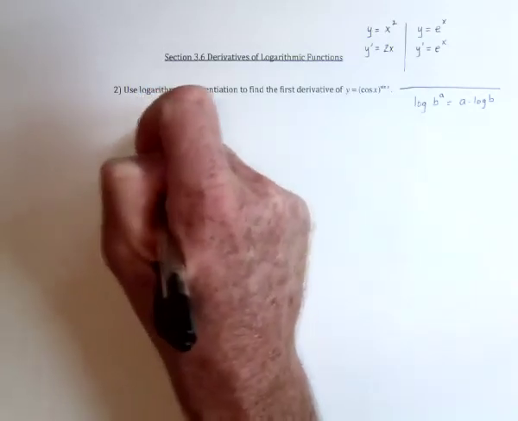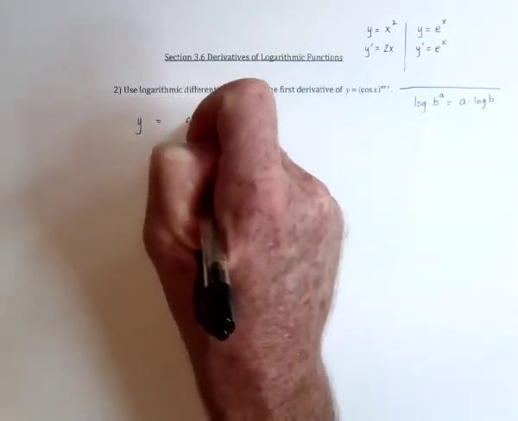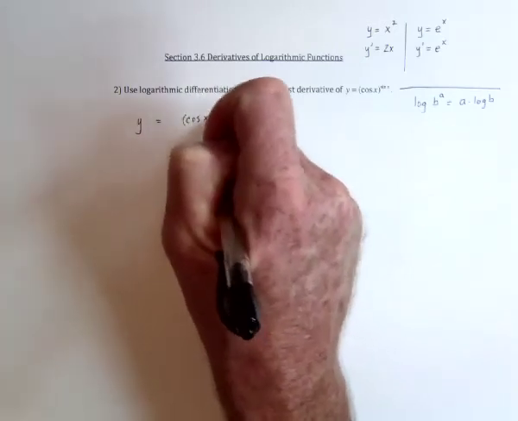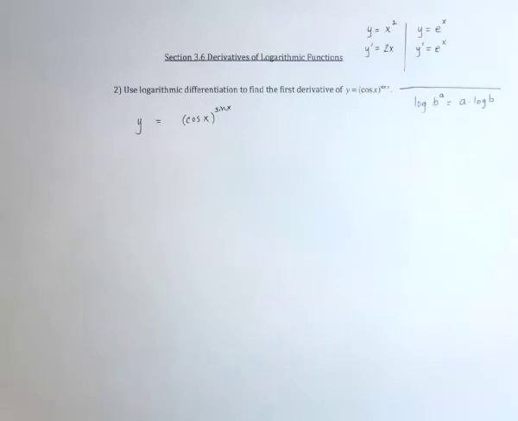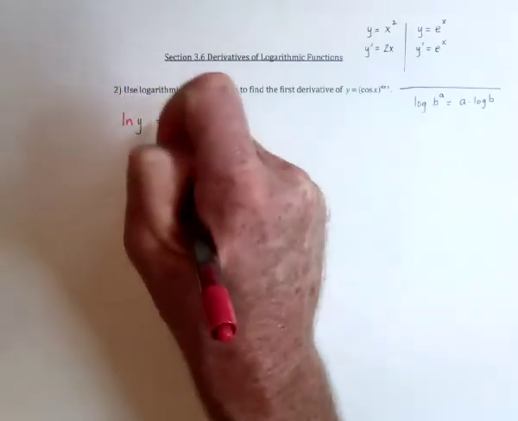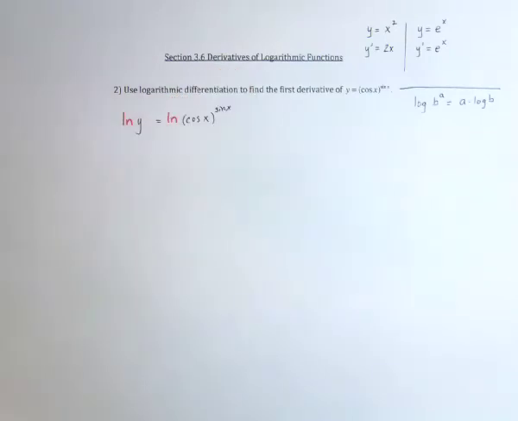So we've got y equals cosine of x raised to the sine of x. And now take log of both sides. I'm going to use the natural log only because it has fewer letters than log, so I can write it faster.